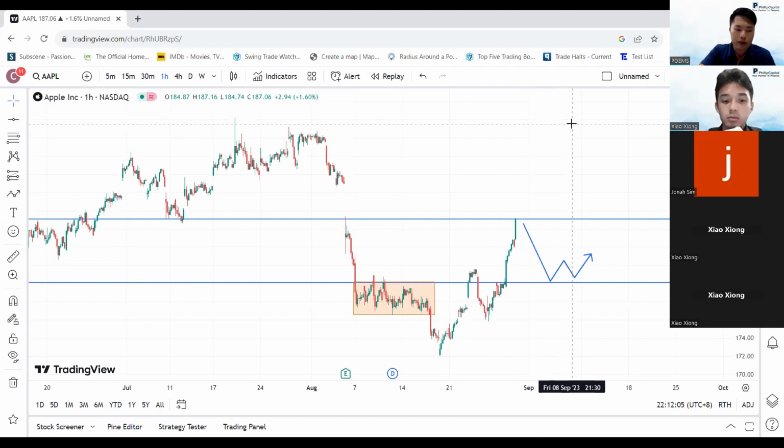Then at least you have secured a certain amount of profits. So that's one strategy you can use. Hopefully I've answered the question on how to enter, cut loss as well as take profit. So then hold on, Google, let me see what else.